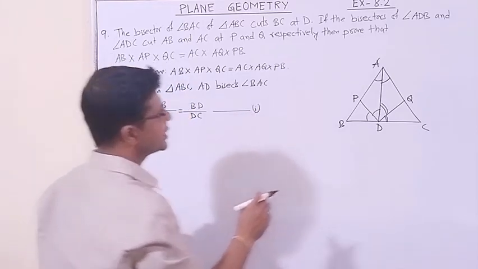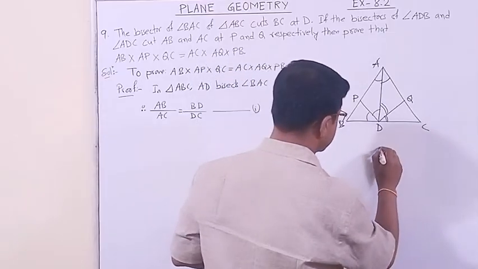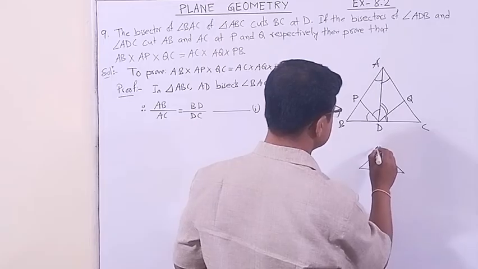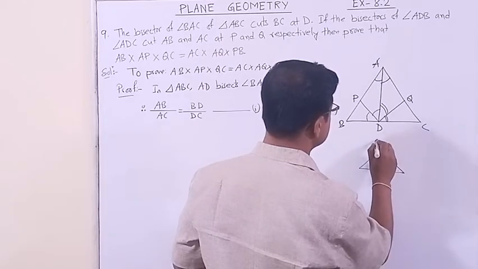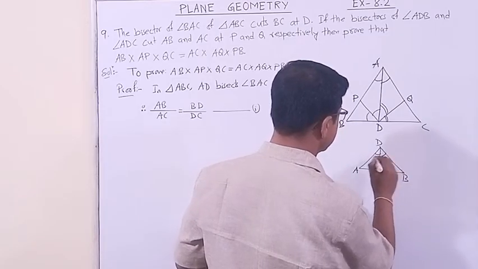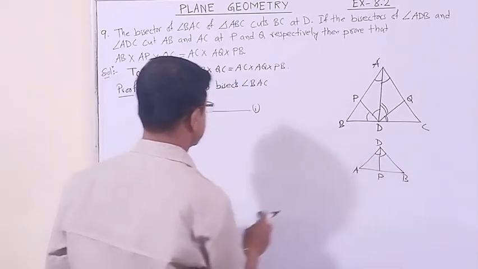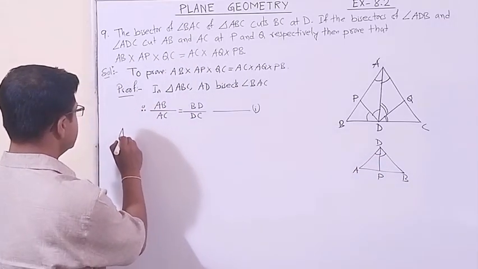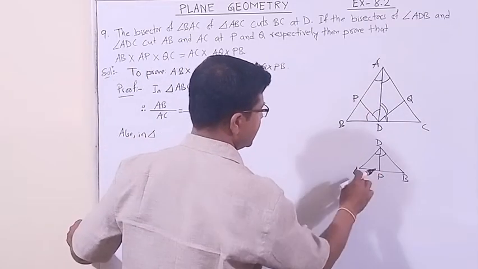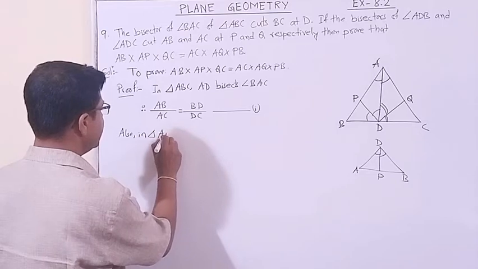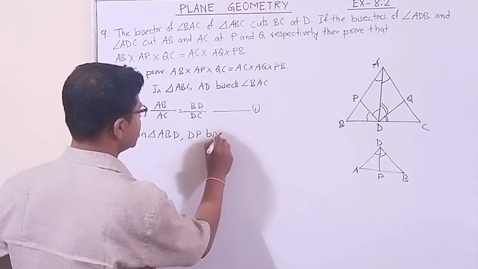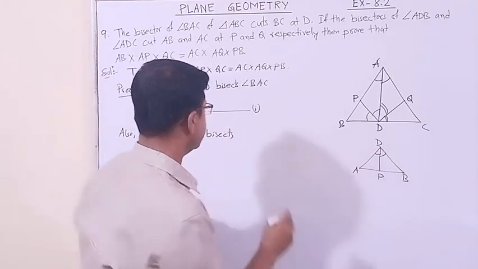After that, in the next triangle, triangle ABD, DP is the angle bisector. So in triangle ABD, DP bisects angle ADB.